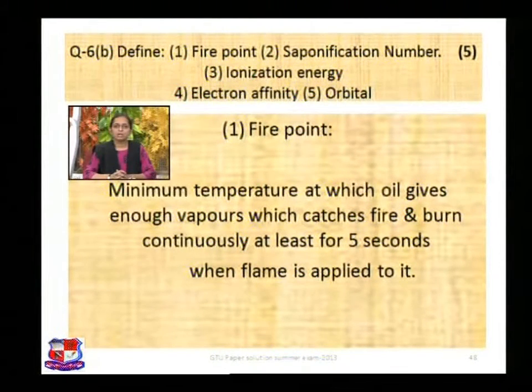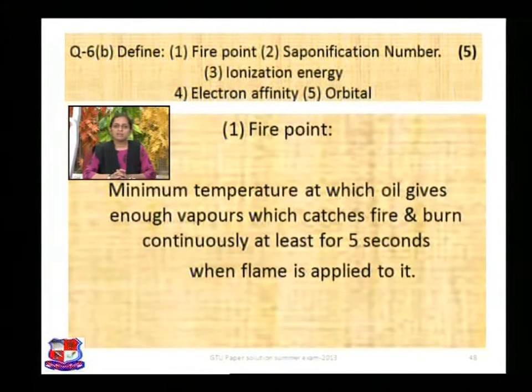So in the fire point you can see: minimum temperature at which oil gives enough vapors which catches fire and burns continuously at least for 5 seconds when flame is applied to it. So this is actually your fire point.